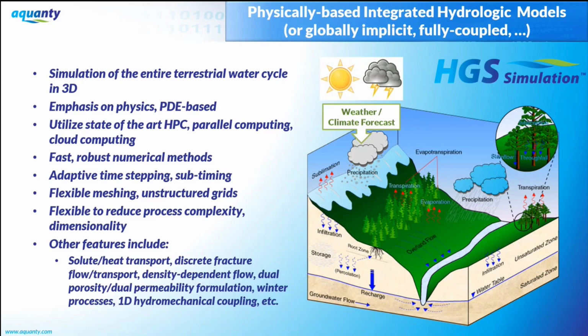So here's a picture that illustrates the water cycle and all its various components and pieces. And HydroGeoSphere, as I mentioned, tries to solve all this in one single globally implicit fashion in 3D.